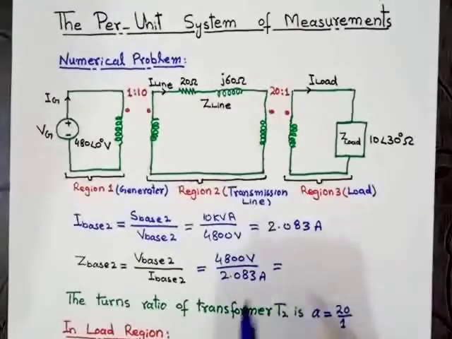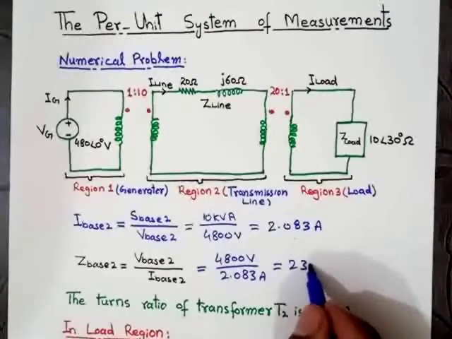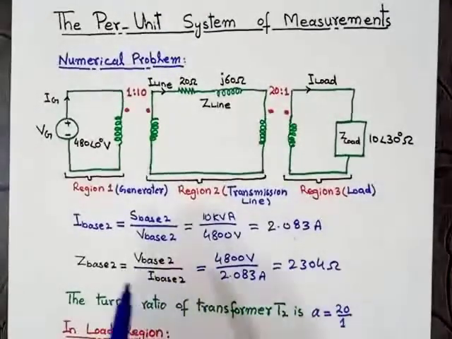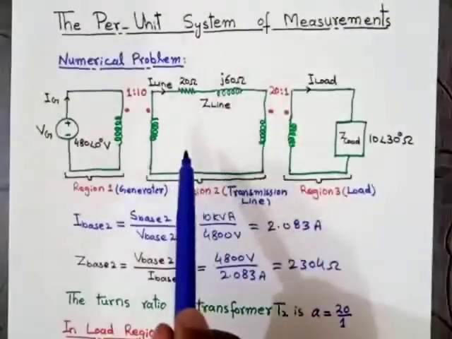After solving this equation, we get Z base 2 equal to 2304 ohm. So these are the base values in region 2, that is, in the transmission line region.